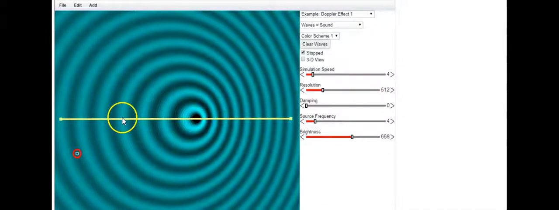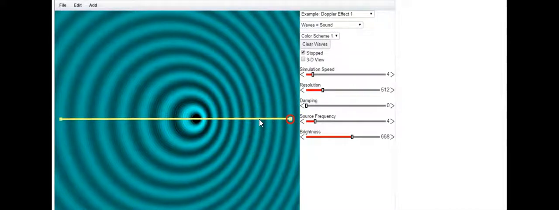On the left side of this source, you can see that the opposite is true. The source is moving away from these waves and thereby stretching them out. And those waves are stretched out, they have a longer wavelength and therefore a lower pitch. If you were standing right here, this red circle, as the source approaches you, the waves which are compressed have a higher frequency.